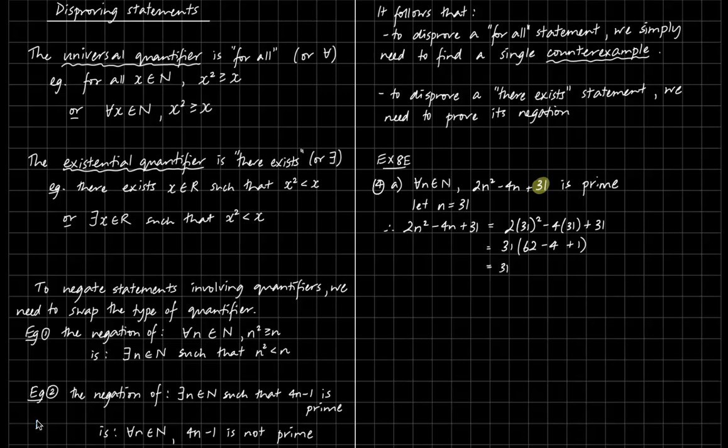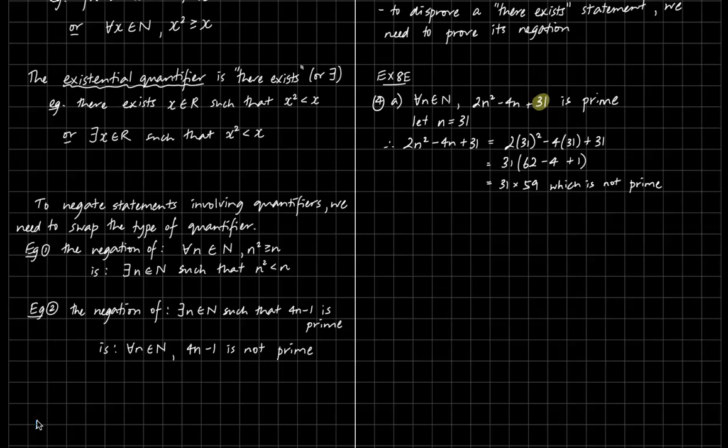Or we could write it as 31 times, what's that, 63 minus 4 is 59. And that is clearly not prime, is it? Because it has two factors other than 1 and itself. Alright, so we found one counterexample. That is enough to prove that for all, that universal statement, is not true.